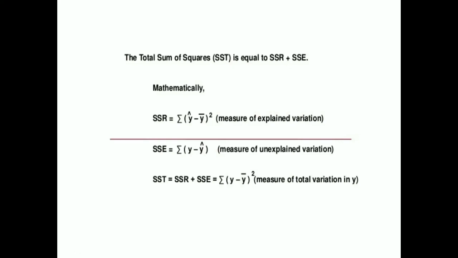So this is SST, the total sum of square is equal to SSR plus SSE, that is the sum of y minus y bar square, the measure of total variation in y. So we can find how much total variation there is in the data set.